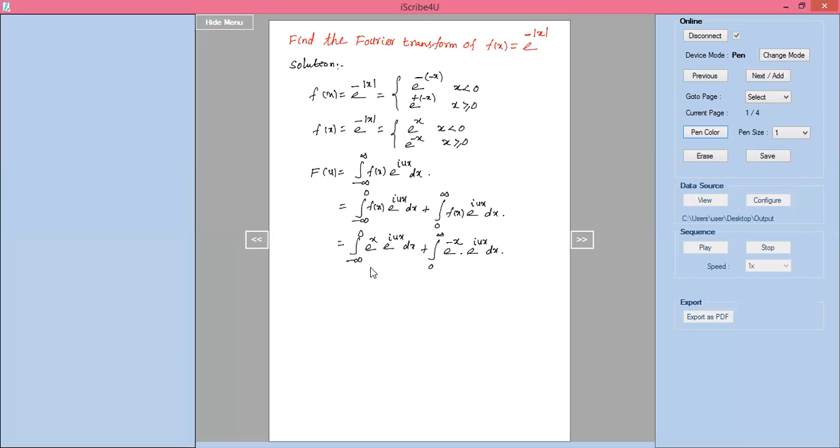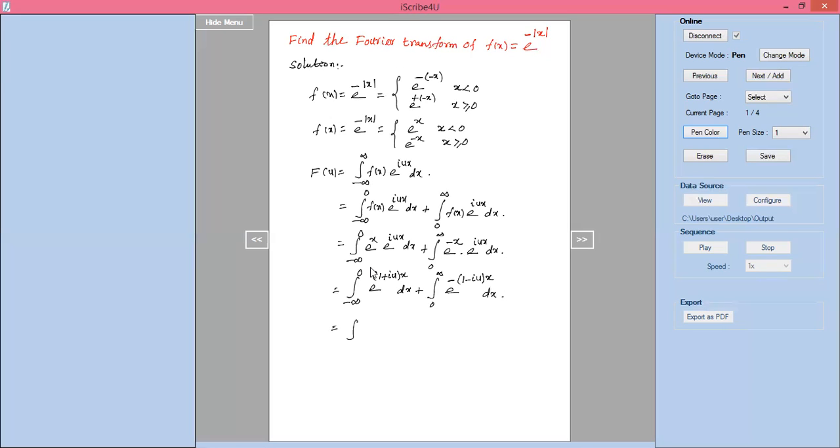Now, how can I write this one? Integration of minus infinity to 0 e power of 1 plus iu into x into dx, plus integration of 0 to infinity e power of minus of 1 minus iu into x into dx.